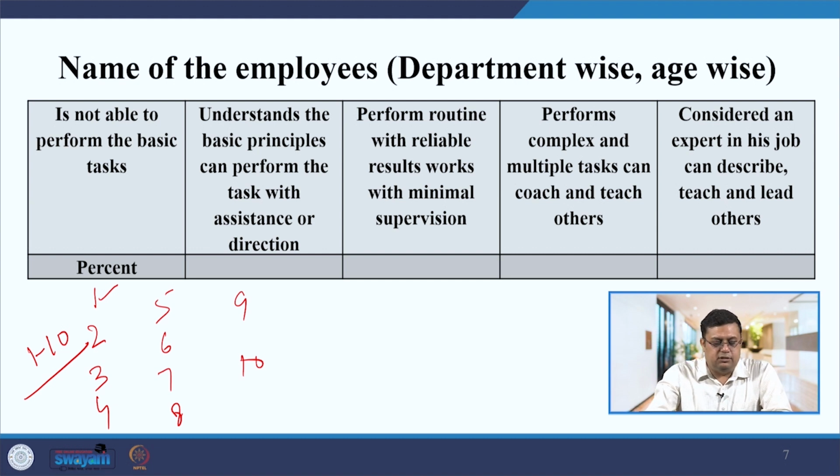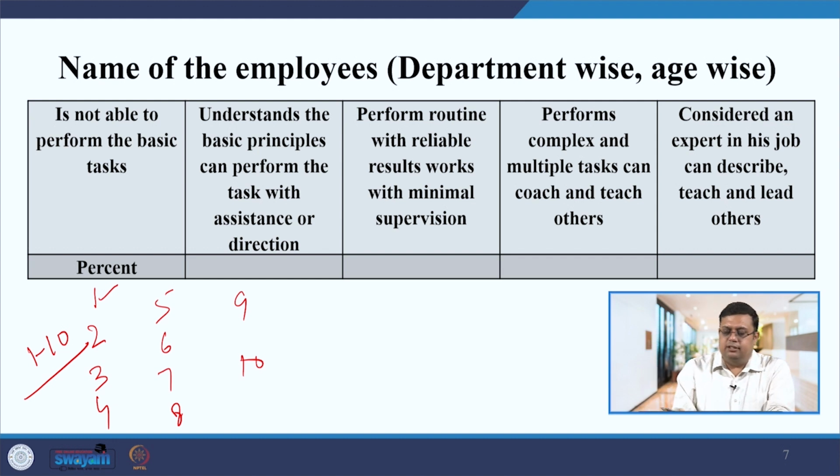Does he understand the basic principles, can he perform the task with assistance or direction, perform routine tasks with reliable results, work with minimal supervision, perform complex and multiple tasks, can he coach and teach others, is he considered an expert in his job, can he describe, teach and lead others.